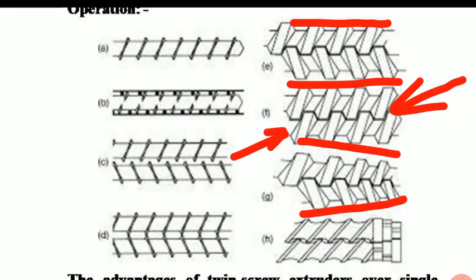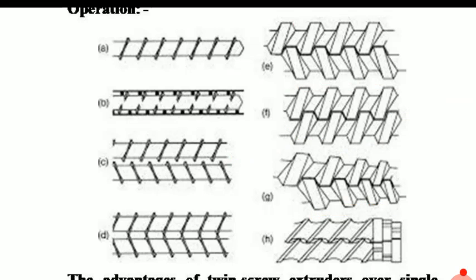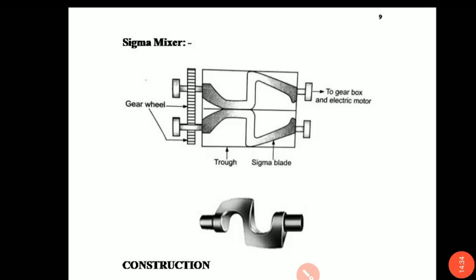Now we shall see about the sigma mixer. Dough-like blends, for example dough molding compounds, polyester dough molding compounds, are frequently made in Z-blade mixers.